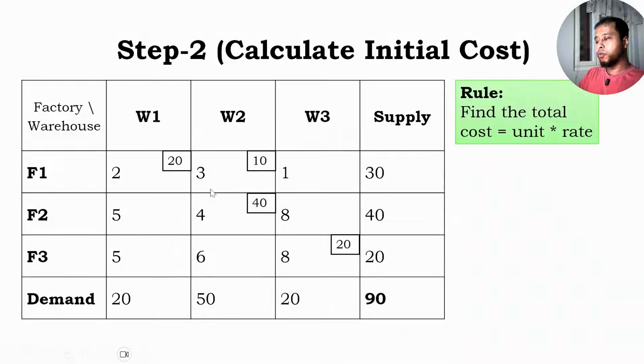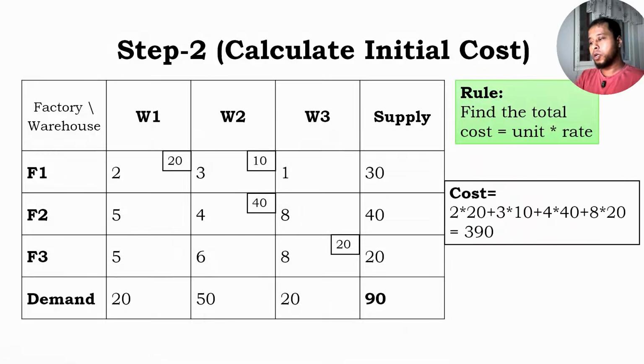So our initial cost will be 2 multiplied by 20 plus 3 multiplied by 10 plus 4 multiplied by 40 plus 8 multiplied by 20, which is 390. But we still do not know if this transportation has achieved the minimum cost. So let's find out. We will do it by optimization.